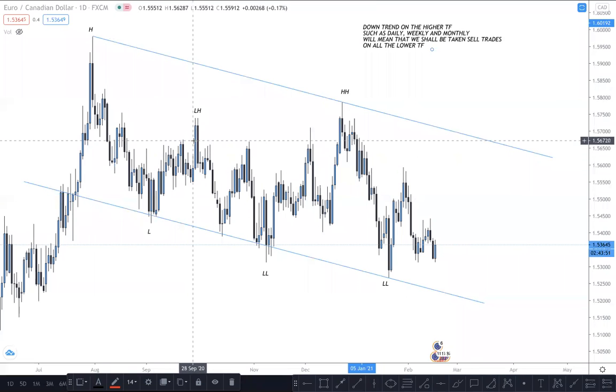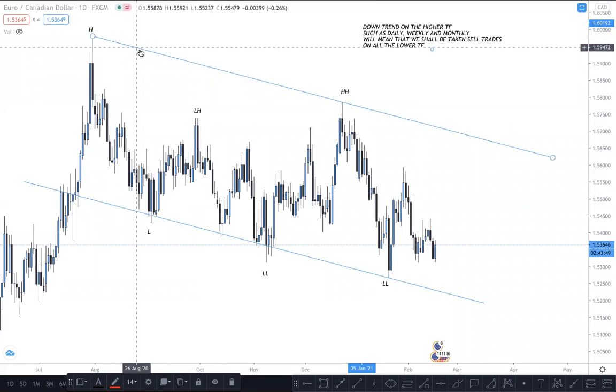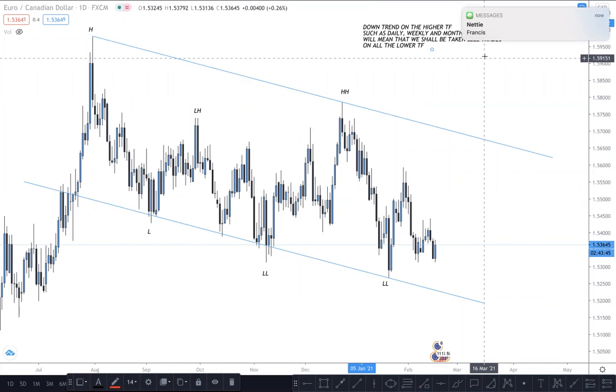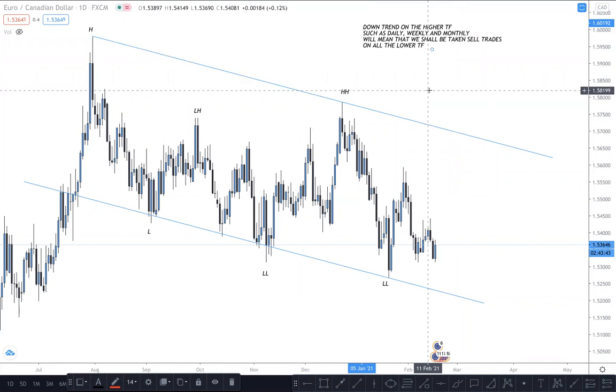Every single time on a higher time frame you see a clean trend, that tells you that once you get on top of the lower time frames, you should be able to find proper and cleaner sell setups on there.